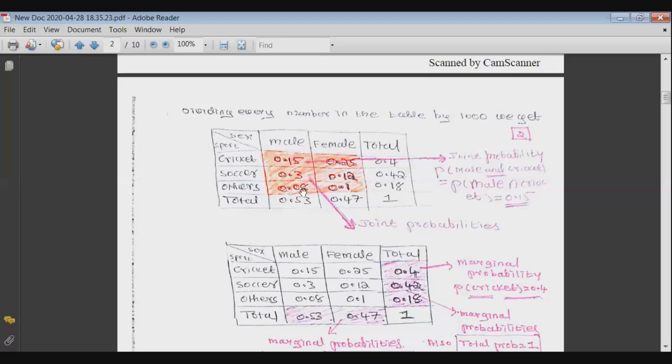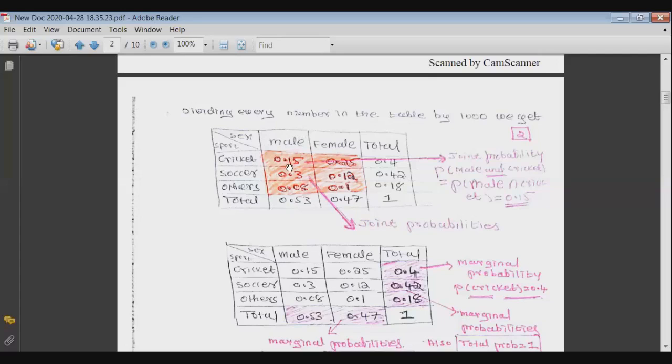In the same fashion, 8% of the males and 10% of the females say that they have other sports as their favorite.